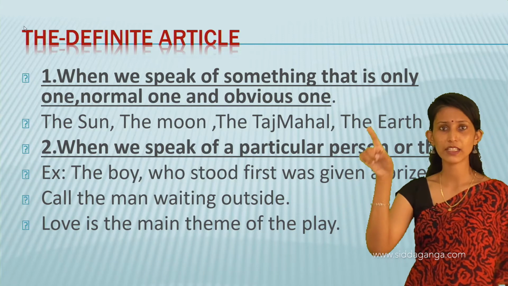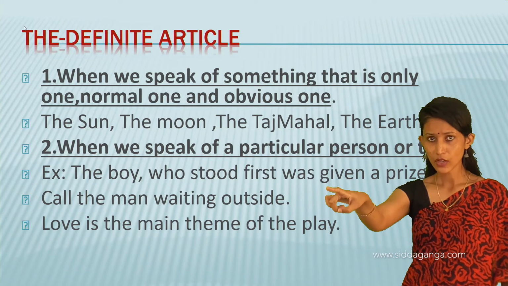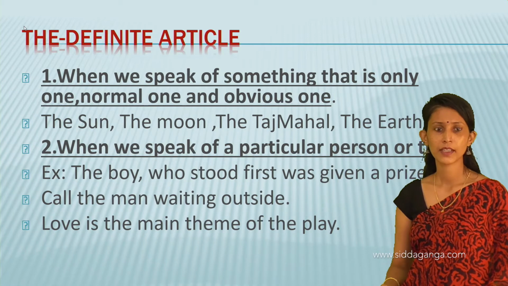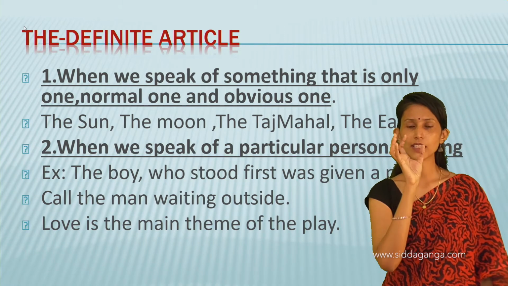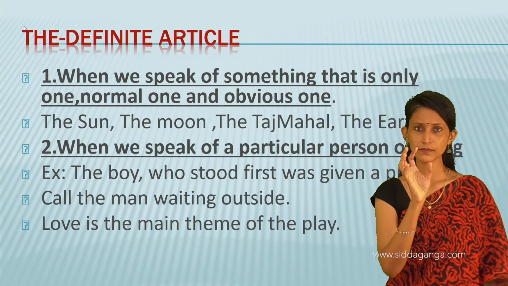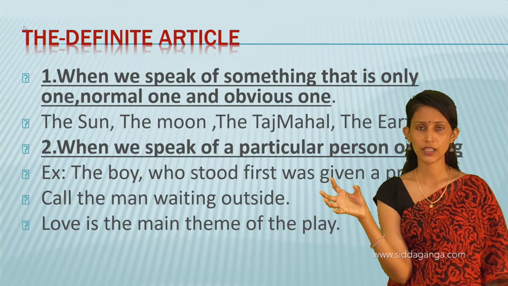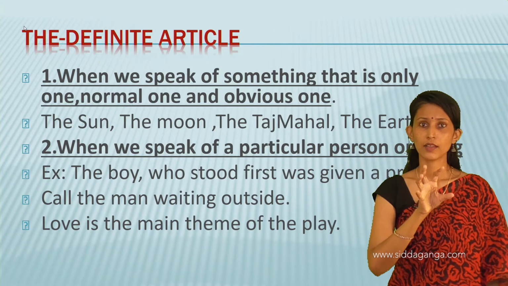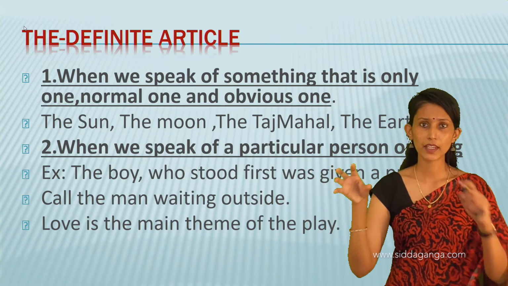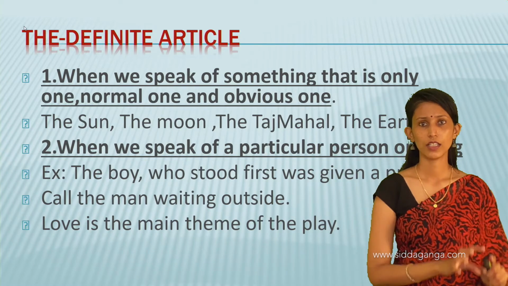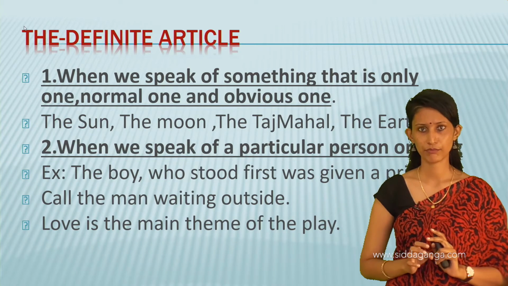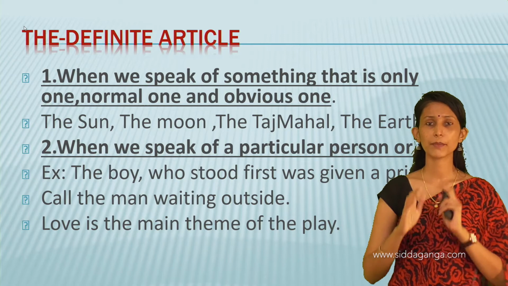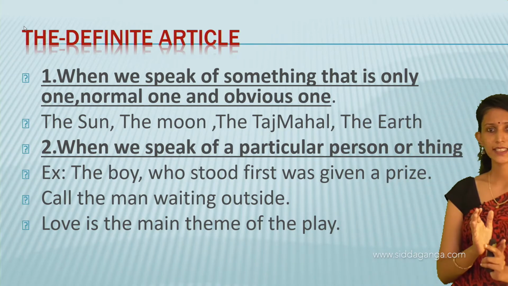So you're specifically telling who that man is. Call the man sitting outside. Love is the main theme of the play. Love is one single entity. Though you cannot measure love, yet what was the major theme of the play was love. So love is the main theme of the play. So these are where you use the for a particular person or thing.